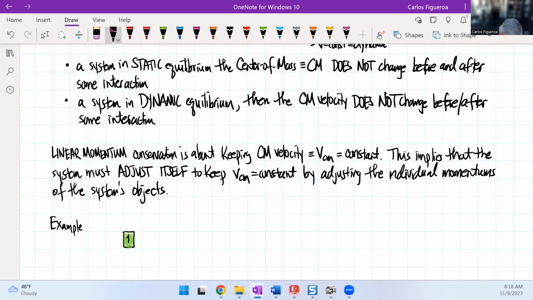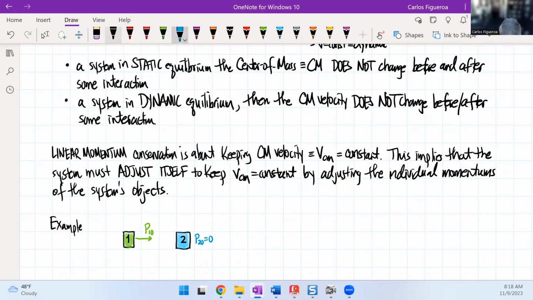And what I'm going to say here is that this guy is moving with some momentum P1 in that direction. And then I'm going to have a second block. Let's say that this block is like this. So if I look at this block, I'm going to call this guy here. And in this situation, I'm going to say that the momentum of this block initially is 0.